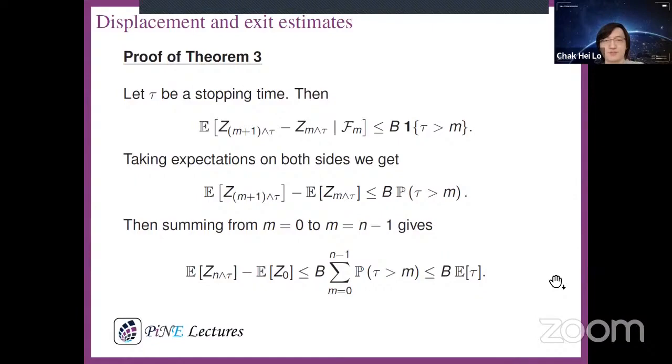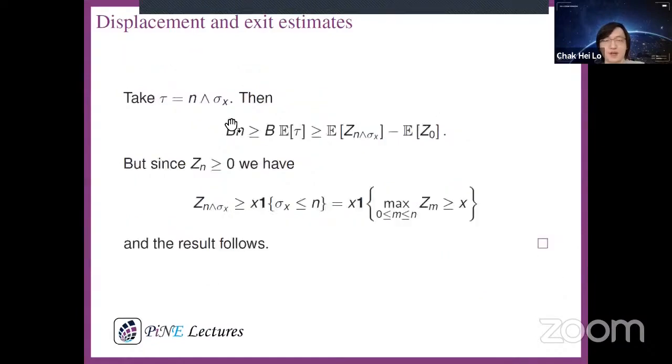So just a simple observation here. When we take this tau to be n wedge sigma x, then we essentially just replace tau with n wedge sigma x here. Then we have the following condition. So we rearrange the, okay, there's no rearrangement here.